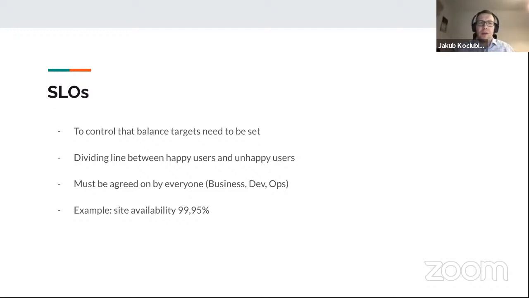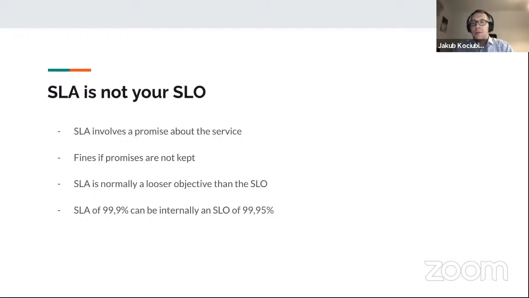As I said, it must be agreed by everyone. An example is we could set our availability at 99.95%, and that's an SLO for availability. Now I will give a concrete example on what that could mean. But it's important to know that the SLO is this level of happy, unhappy customer.